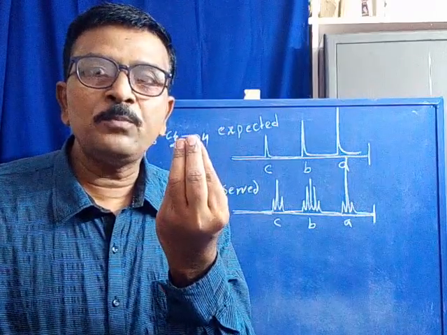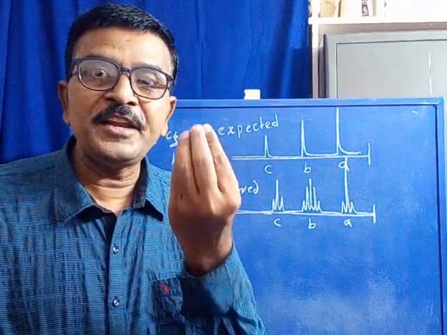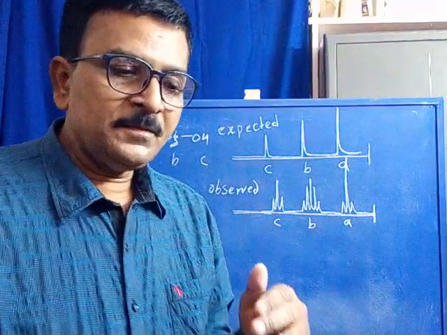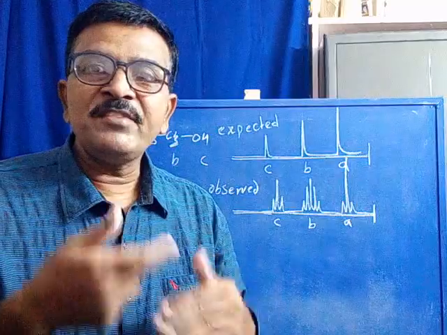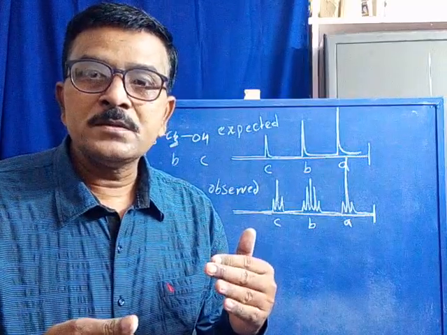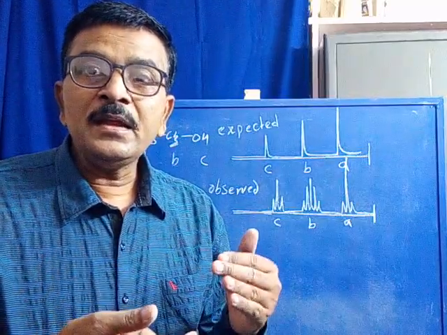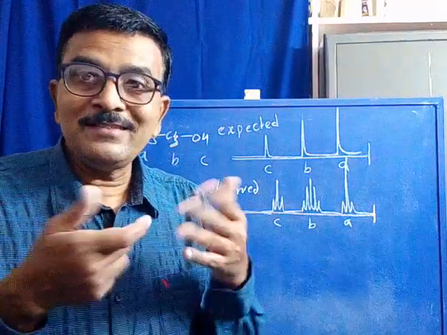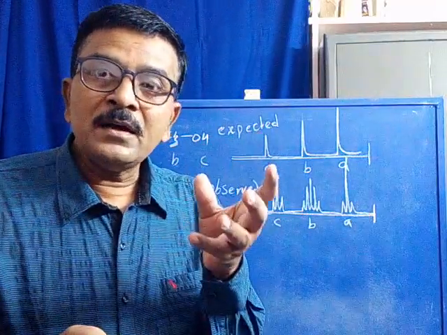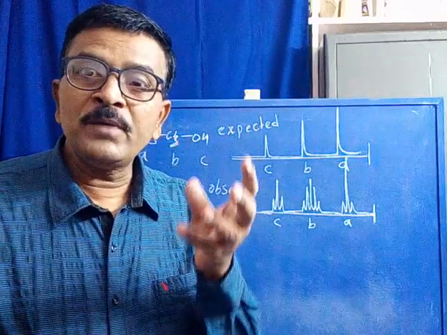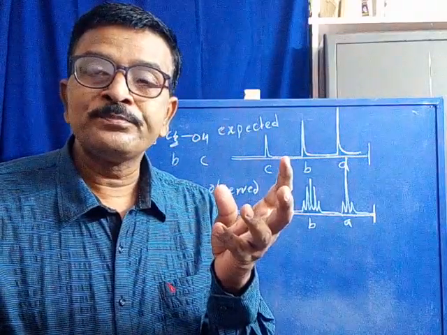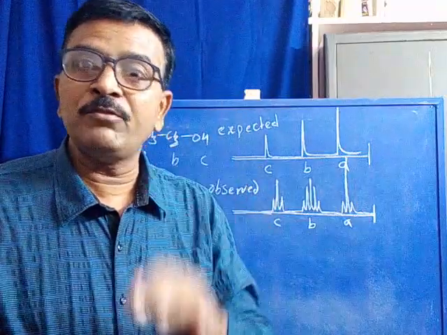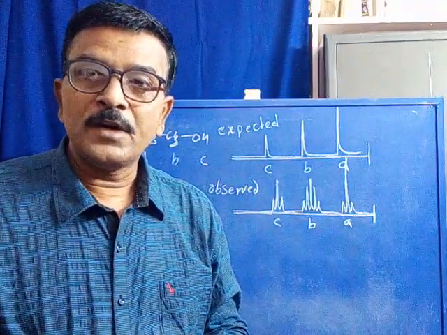A single line is split into more than one line. That is, the signal from every set of equivalent protons appears with more than one line. It is due to coupling of the nuclear spin produced by one set of protons with the nuclear spin produced by the adjacent set of protons.